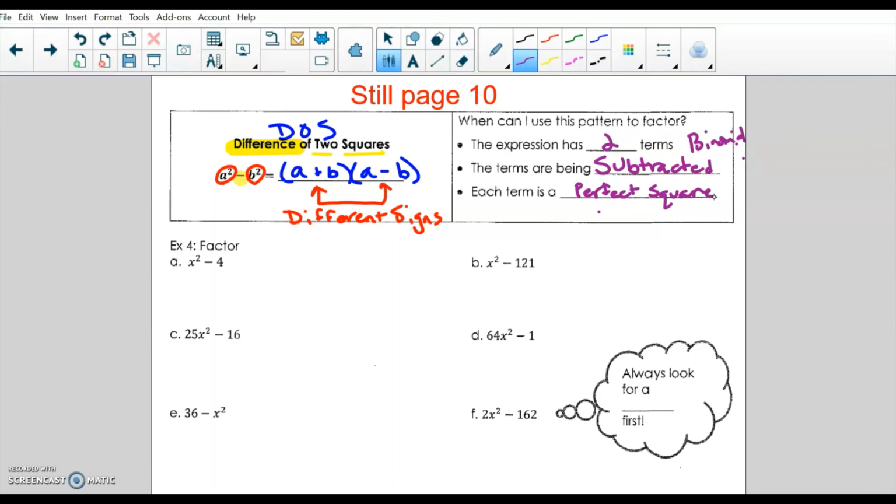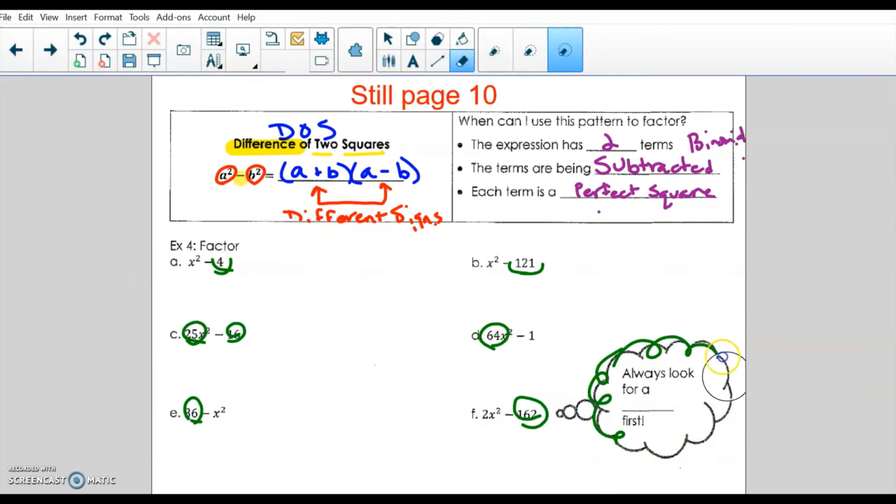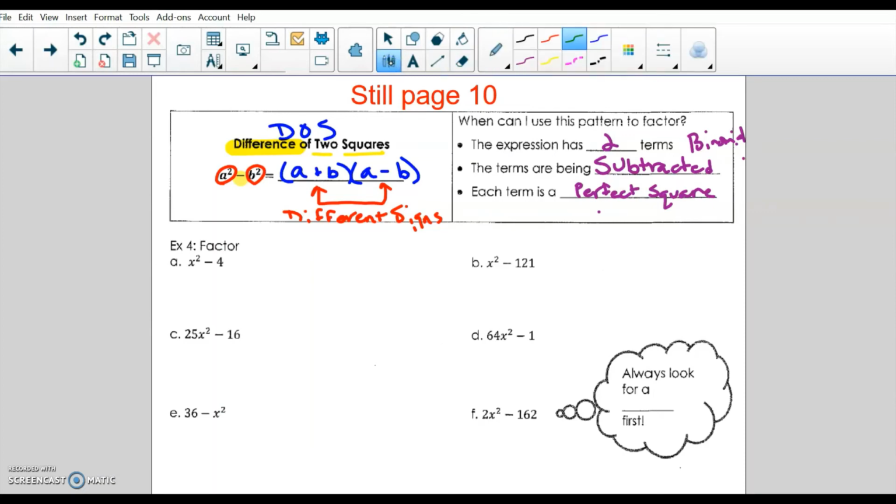So what we notice on this is everything is a perfect square. It can be square rooted. Okay? What about 162? Well, we'll get there in a few minutes. It's not a perfect square. There must be something else going on. Alright, let's jump into this problem. The pattern of these problems is you have two parentheses, one with a plus, one with a minus.